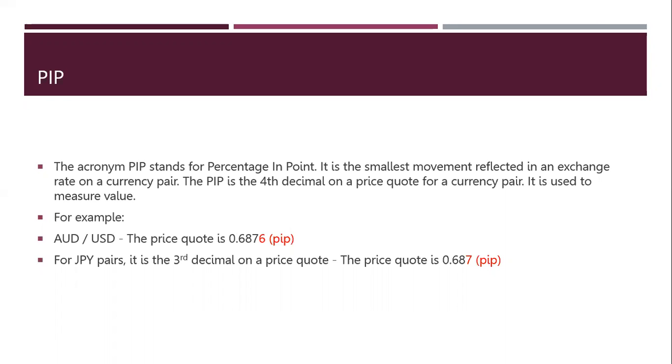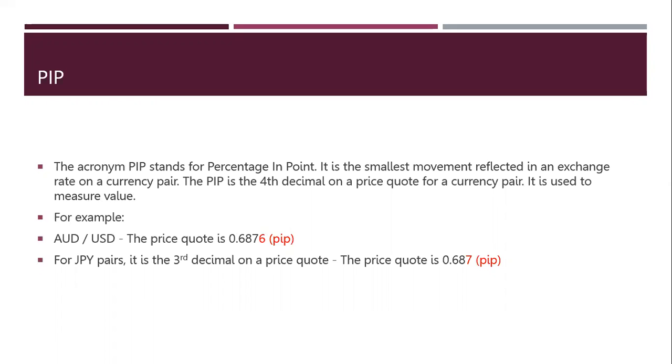The PIP is the fourth decimal on a price quote for a currency pair. It is used to measure volume. For example, you have the Aussie with USD. The price quote is 0.6876. The PIP would be 6.